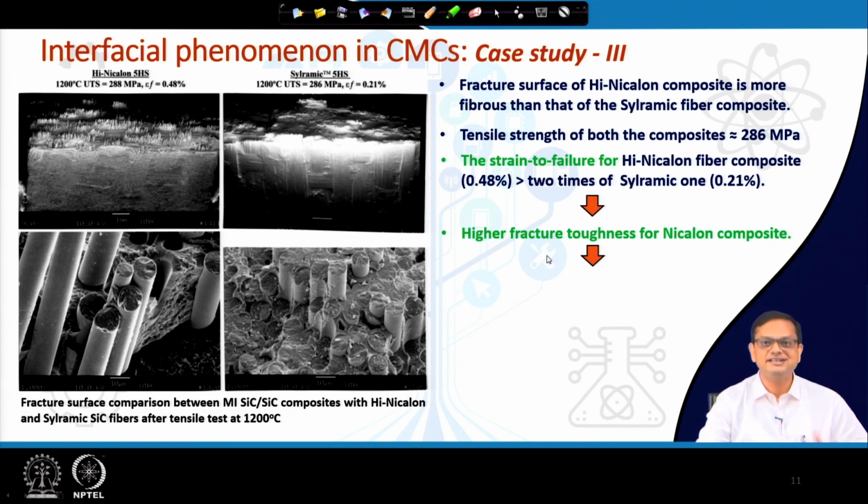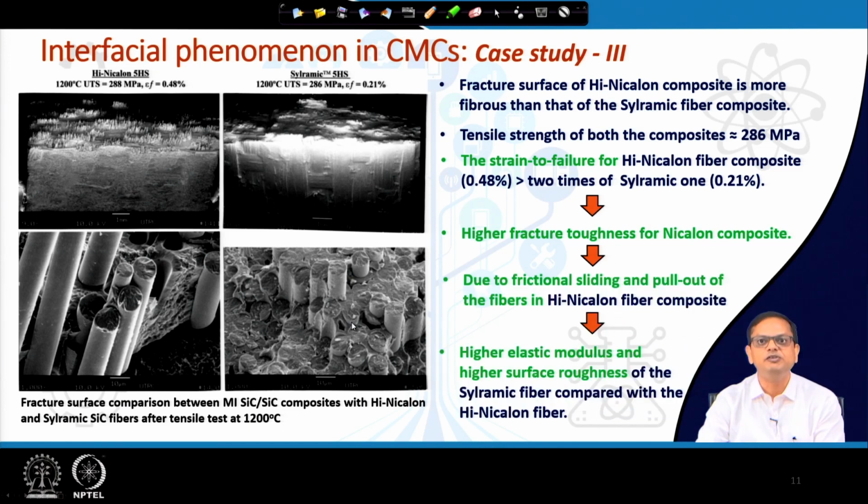Now, why is that? That question should be coming to your mind. This is actually because of two reasons. One is that because of the better stoichiometry of the ceramic fiber, it has a better, higher modulus. So, when you have a higher Young's modulus, obviously the strain would be a little lower.